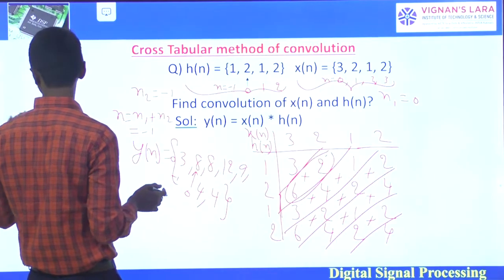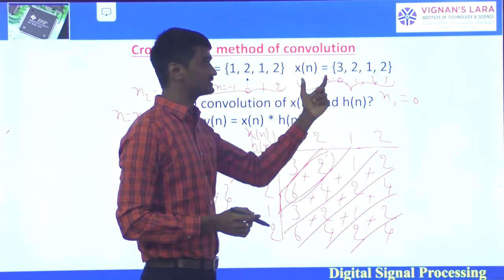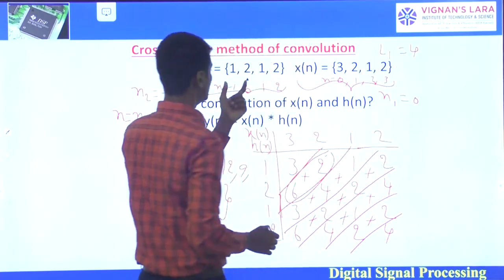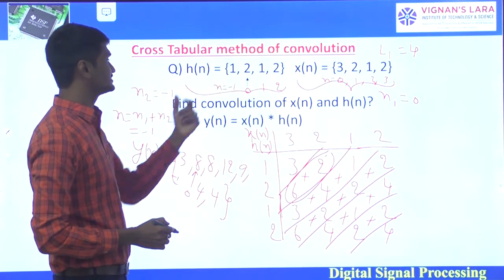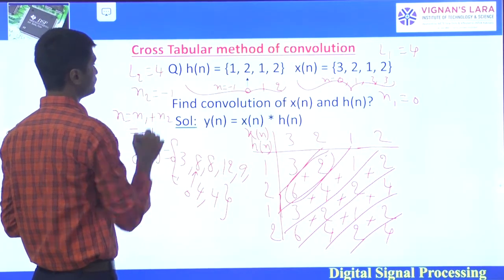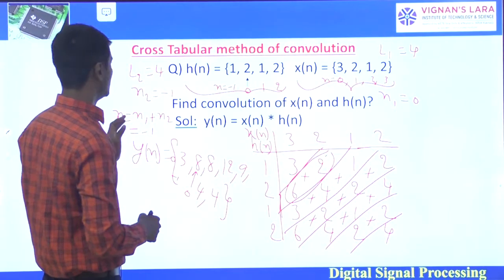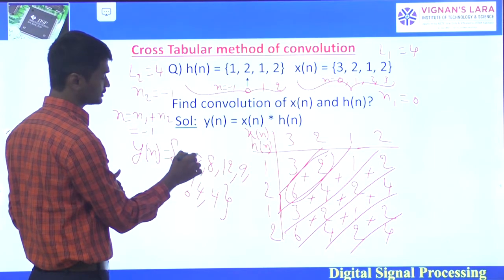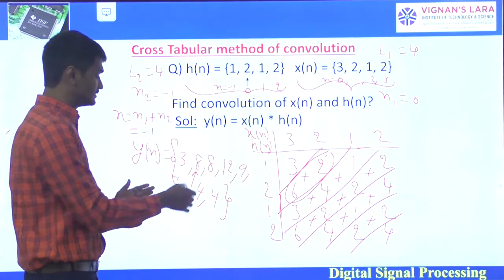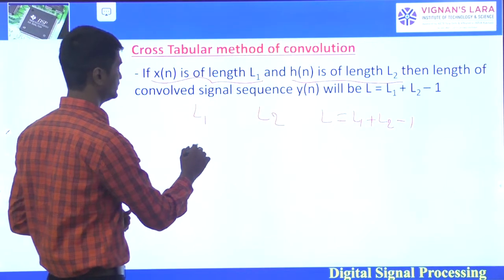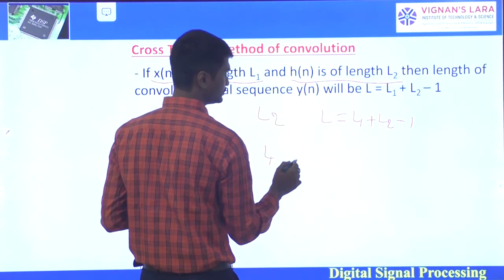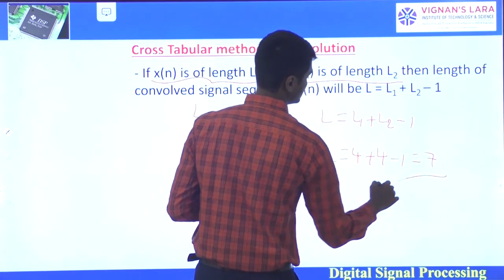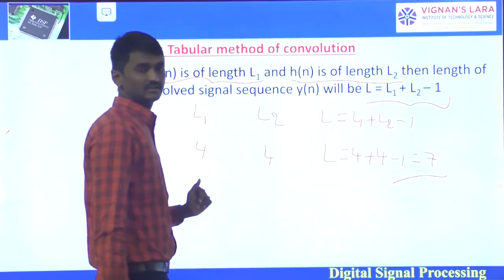In this example, L1 equals the number of samples, that is 4. Similarly, L2 equals 4. From the formula L1 plus L2 minus 1, the length of the resultant sequence is 4 plus 4 minus 1, that is 7 samples. So there should be 7 samples in the resultant sequence.